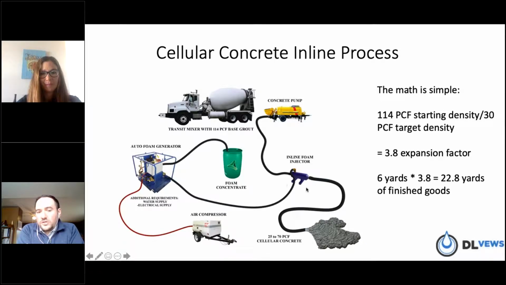That's where the actual blending is happening of the foam and the cement and water slurry to give you your finished goods at the end of the hose. So that allows you, instead of a partial truckload that you're foaming, to get a full truckload of slurry and produce your finished volume at the end of the hose.